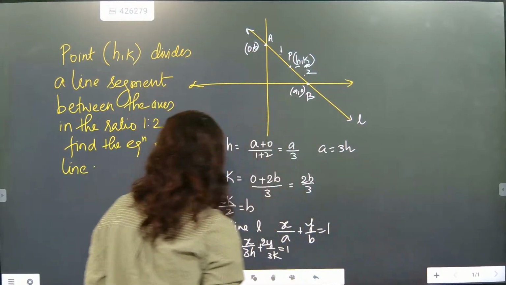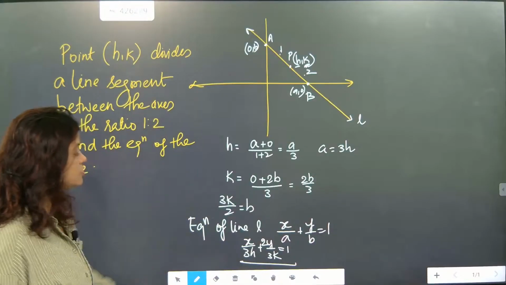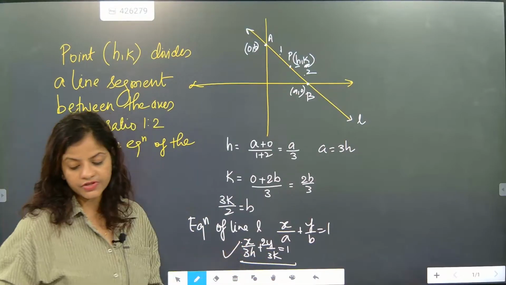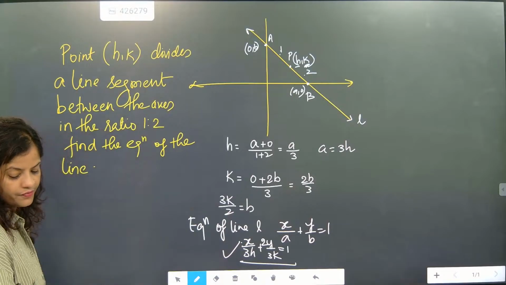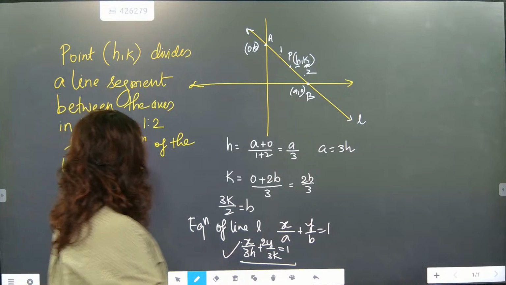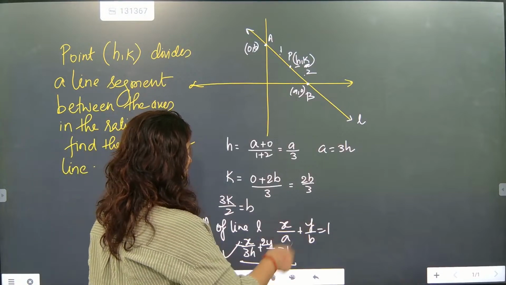We can't write it like this, because 3h is there now, so this is the answer you write. Three you can take common and shift there.